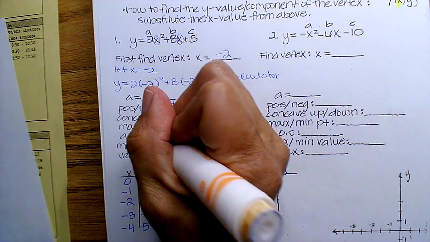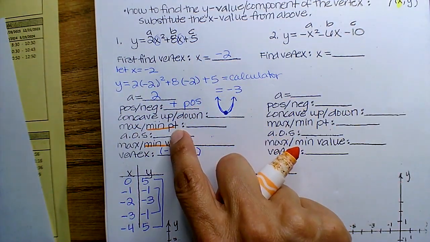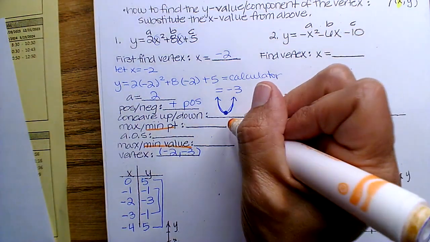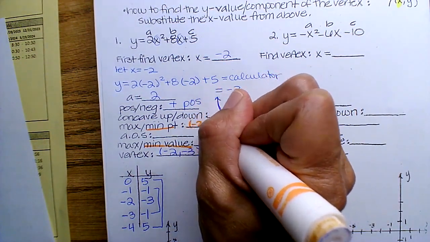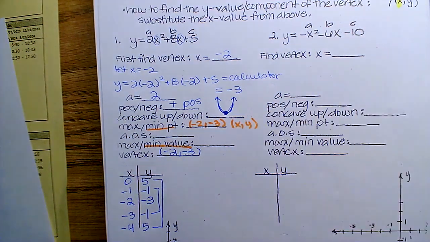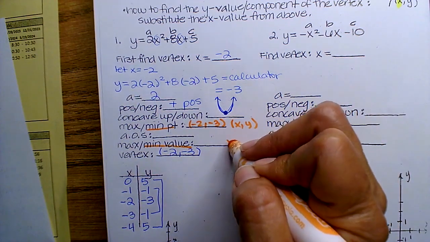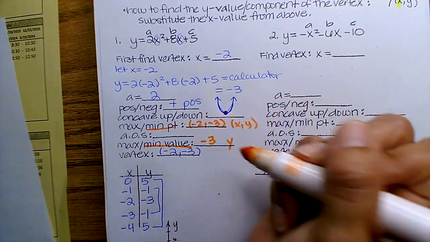So this will be a minimum point, minimum value. Okay, what is the minimum point? It's always your vertex, -2, -3. It is always your xy vertex, okay? What's your minimum value? It's the y value to your vertex, so it's -3.